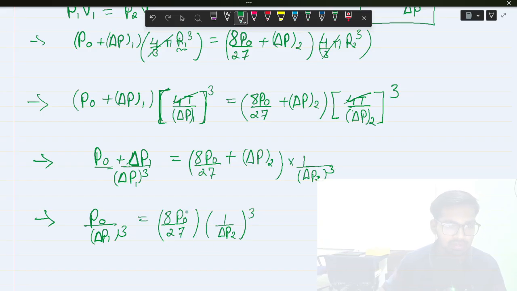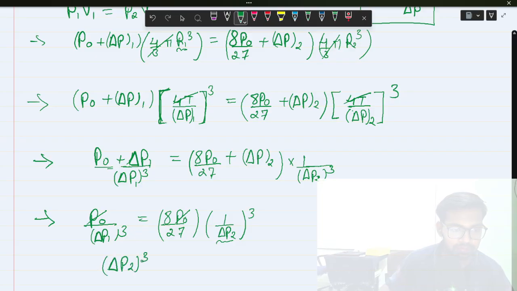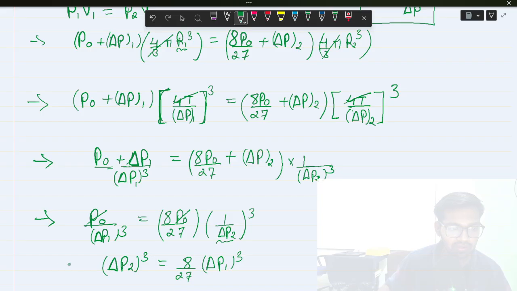Now just solve this equation. The P naught on both sides is going to be cut out, and we have to calculate the delta P2 value. So delta of P2 to the whole cube equals 8 by 27 into delta of P1 to the whole cube, that is, 2 by 3 to the whole cube times delta of P1 cube.